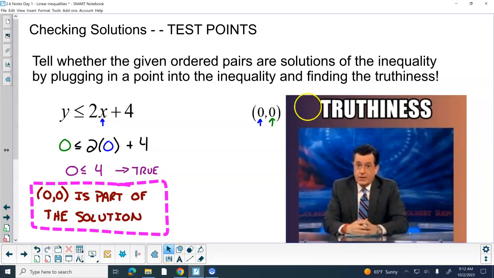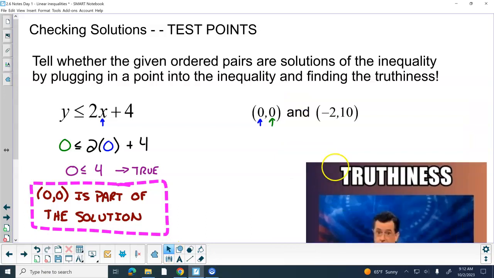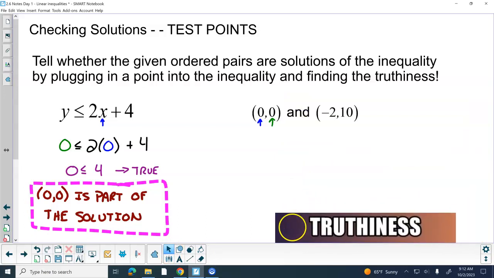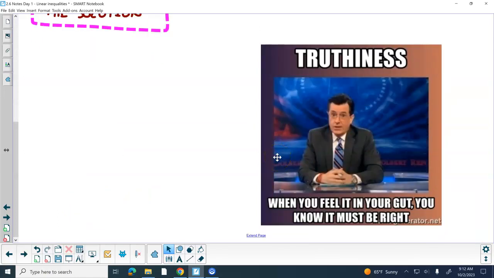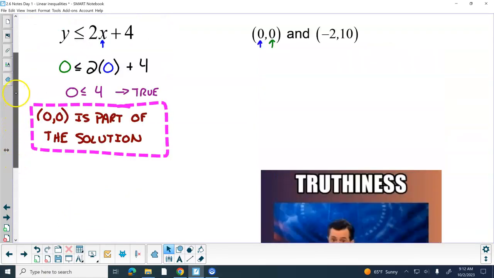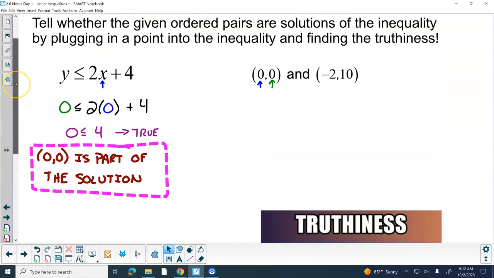You tell me the truthiness for (-2, 10). Same inequality.